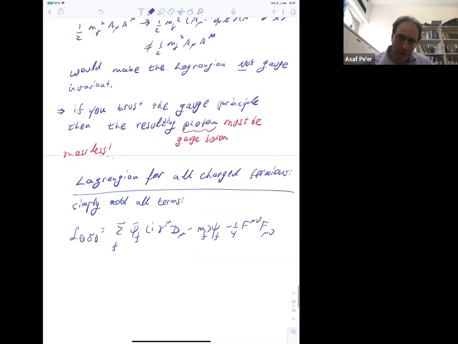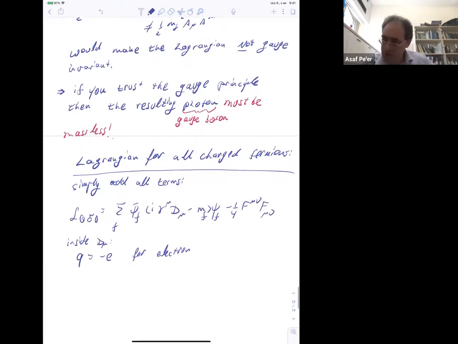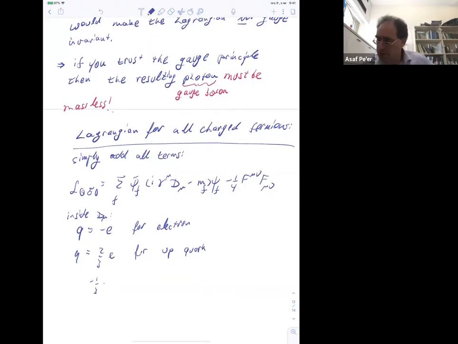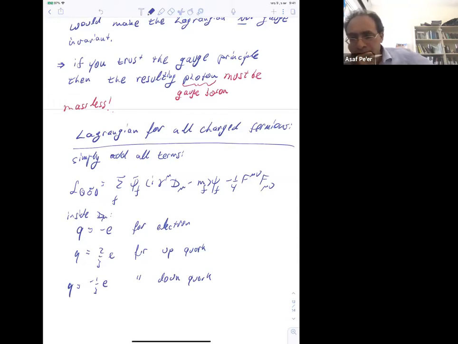So q is minus e for the electron, it is 2/3 e for the up quark, minus 1/3 e for the down quark, etc. Just have to be careful in what you put in. Questions?